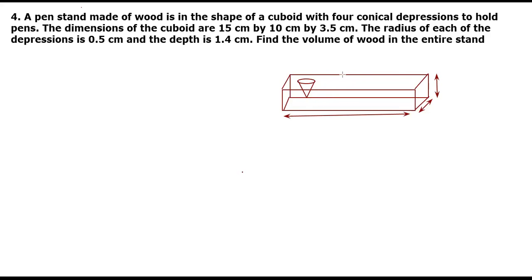So like this, you have four conical depressions. The radius of each depression is given. This is the radius of depression, and depth means this height of the depression.